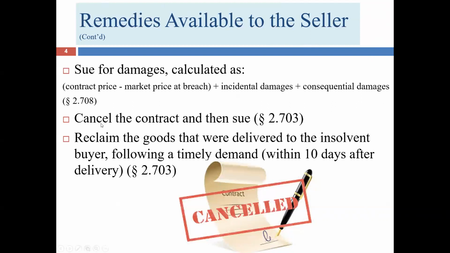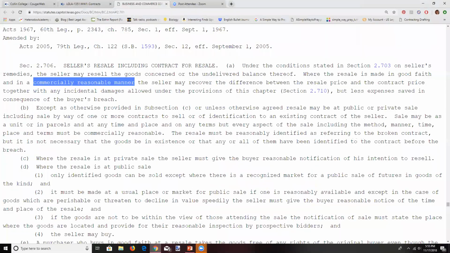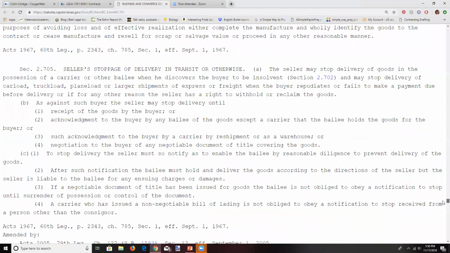Another thing that the plaintiff can do is cancel the contract and then sue for the breach, and also reclaim the goods that were delivered to the insolvent buyer after making a timely demand. It's another provision of that. And we can see this language right here. 703.